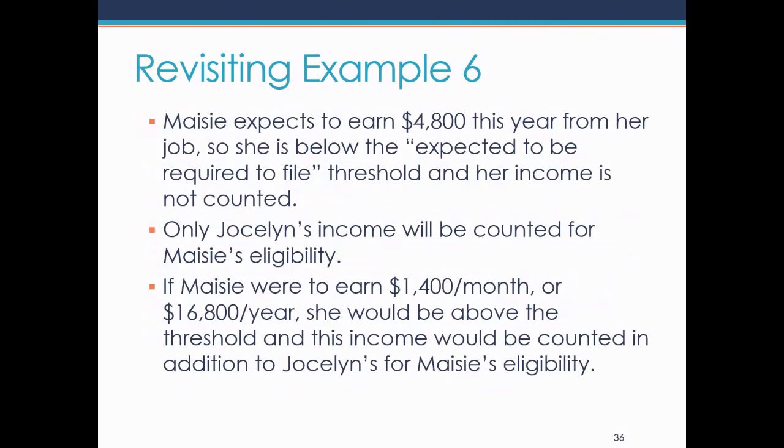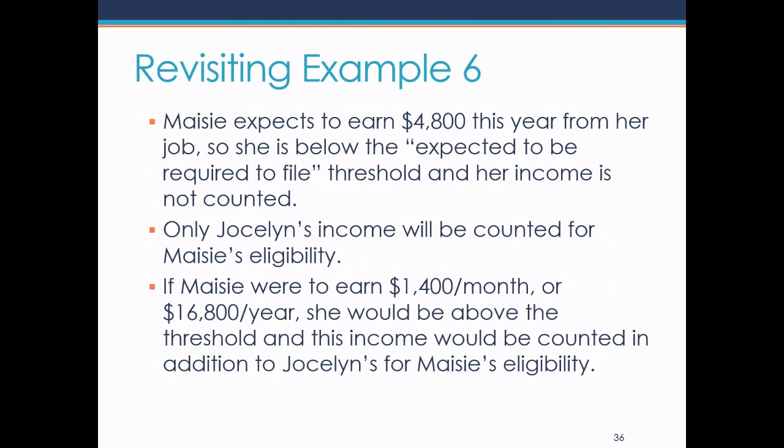Remember, Macy's only income is from her job and she only earns approximately $400 a month. So she expects to earn approximately $4,800 this year from her job and is below the expected to be required to file threshold, which we said was currently $14,600 in earned income per year. So her income is not counted in her eligibility determination.